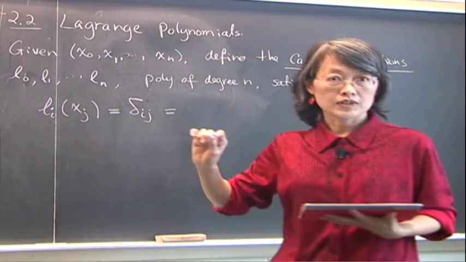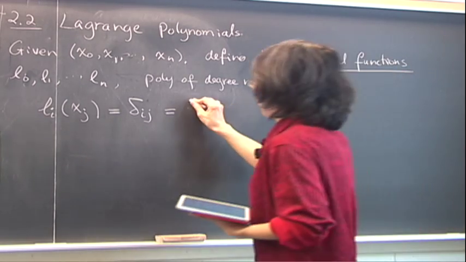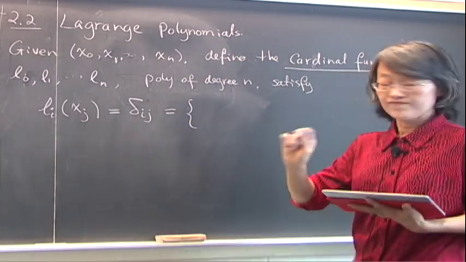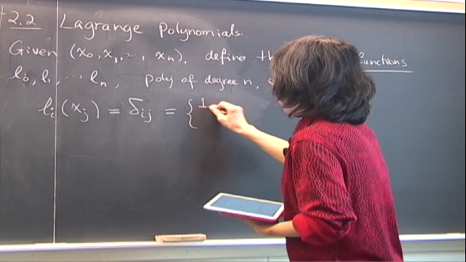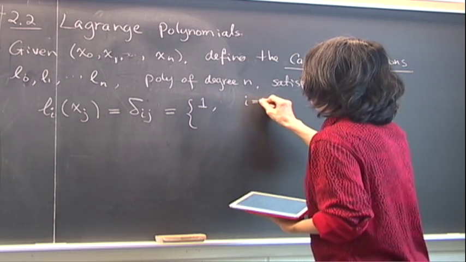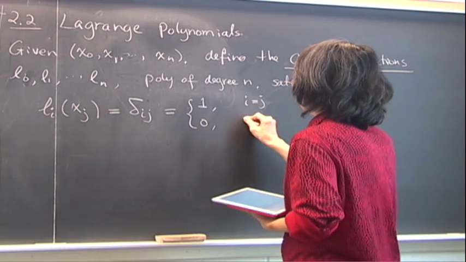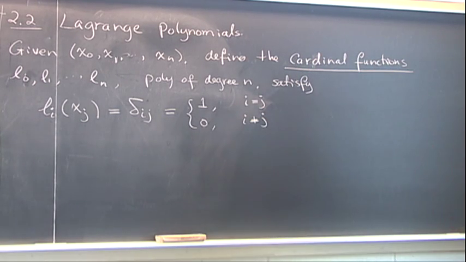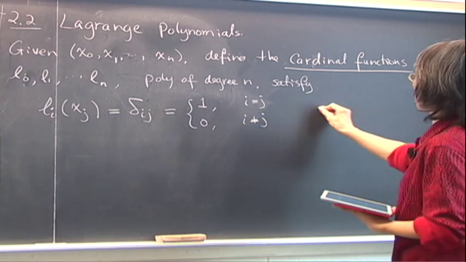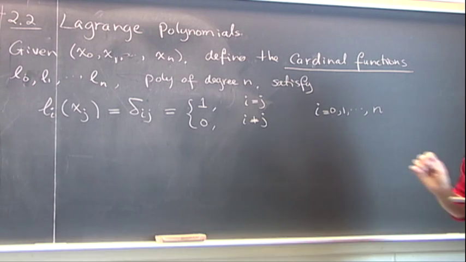Maybe you've heard of the delta. Have we heard of this delta function? Maybe not all of us. So what does it mean? It carries two indices i and j. When i equals j, it returns the value 1. Otherwise, if i does not equal j, it gives me 0. Is that clear? This holds for all the points, 0, 1 to n.